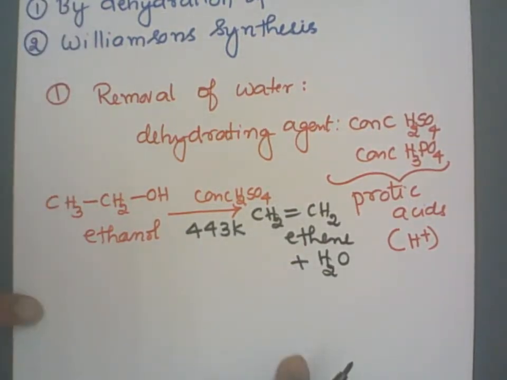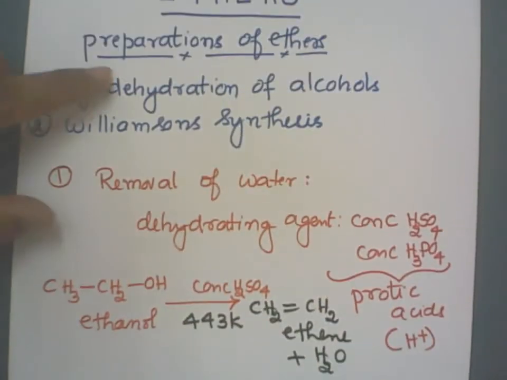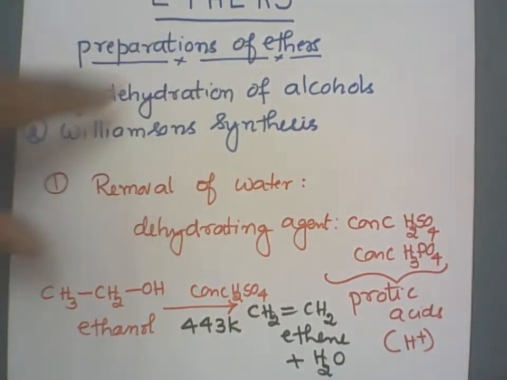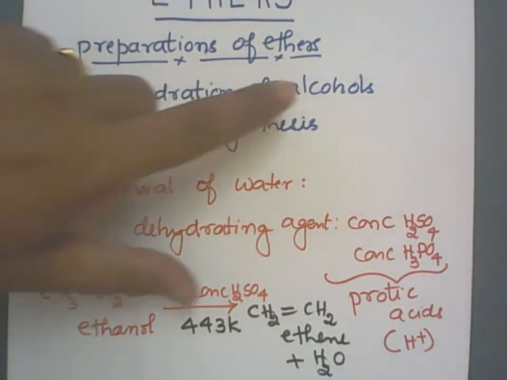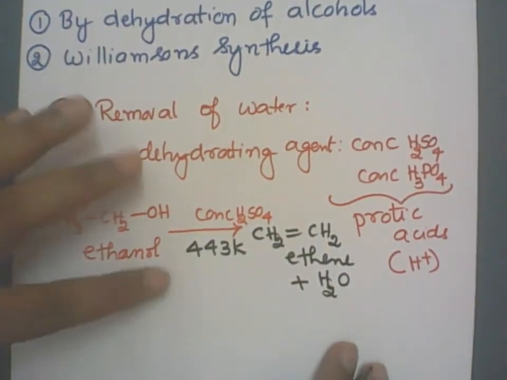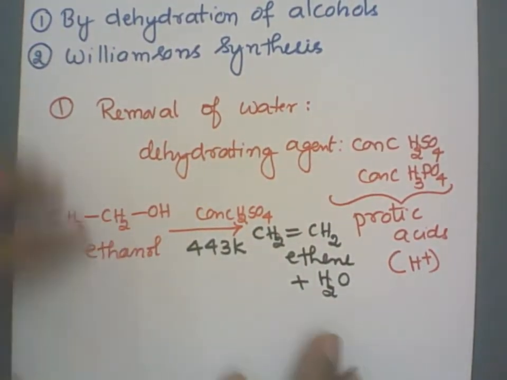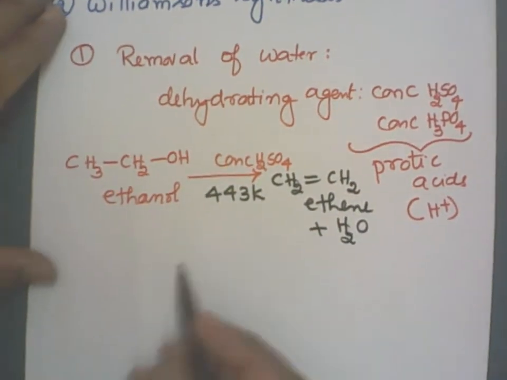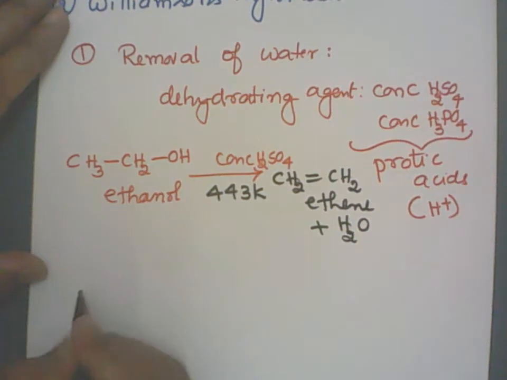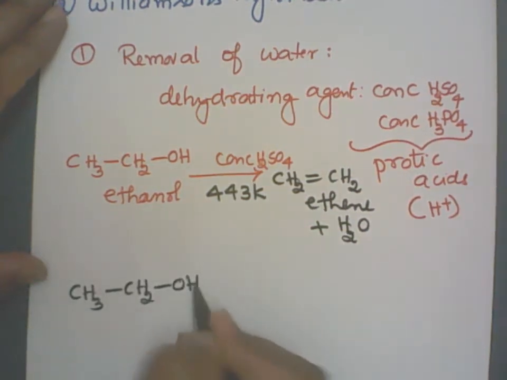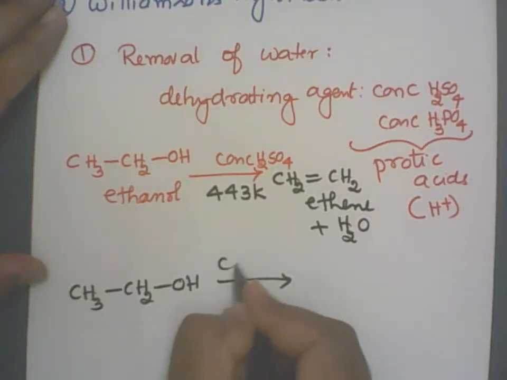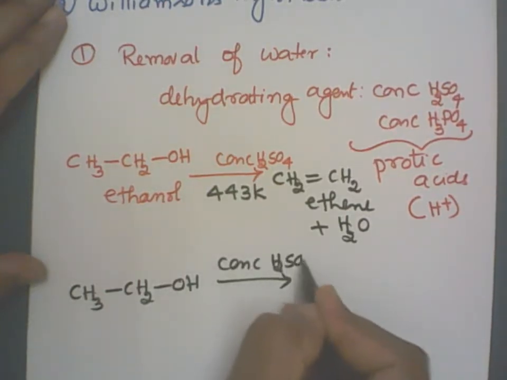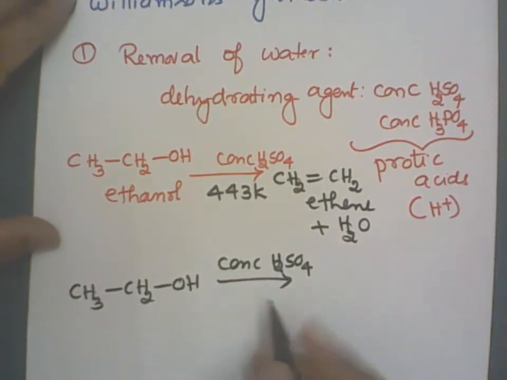443 Kelvin. Okay, fine. Now I'm going to prepare the ethers, correct? Again we require dehydration of the alcohols, which means the product formed depends on the conditions used in the reaction. Here it is 443 Kelvin. Let me change the temperature. For the same alcohol CH3CH2OH, ethanol, let me make use of concentrated sulfuric acid, which is a dehydrating agent, at 413 Kelvin.